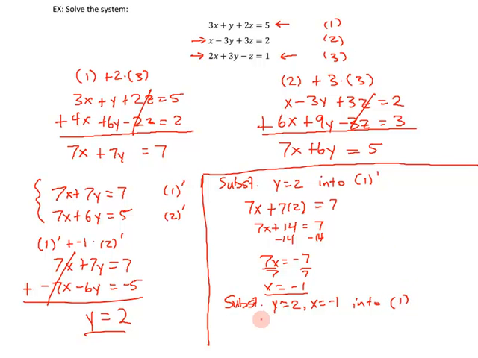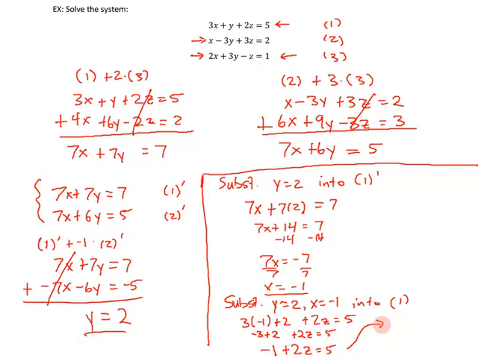That gives me 3 times minus 1, since x is minus 1, plus 2 for y, plus 2z equals 5. So that's minus 3 plus 2 plus 2z is equal to 5. So minus 3 plus 2 is minus 1, plus 2z equals 5.